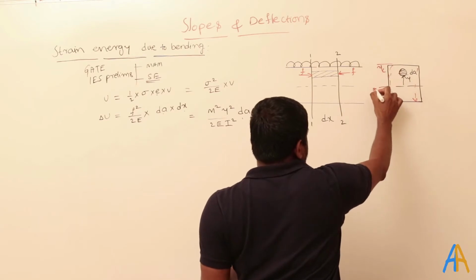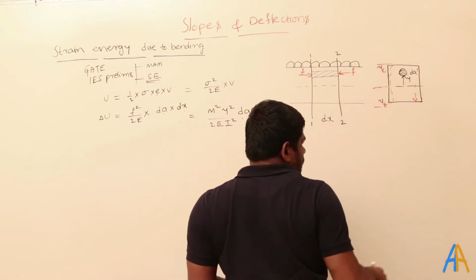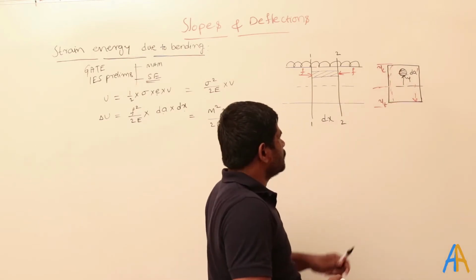YC is the top-most distance from the neutral axis and YT is the bottom-most distance from the neutral axis.